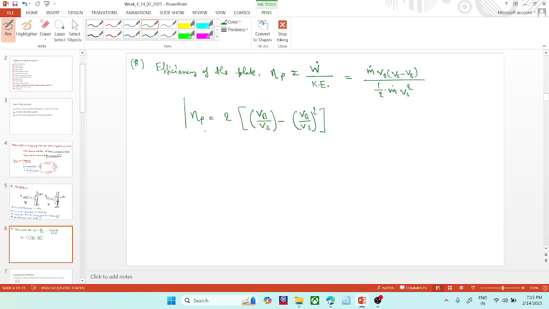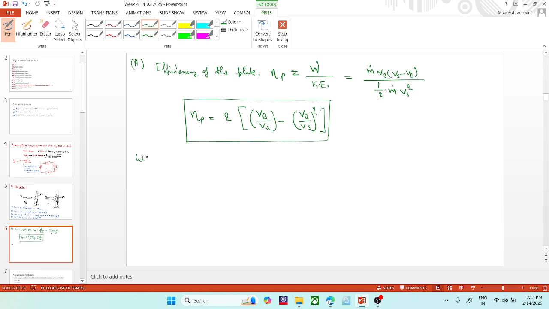Okay. So here this would be the expression of the plate efficiency. Now our next aim would be what would be the optimum plate speed for the maximum efficiency.